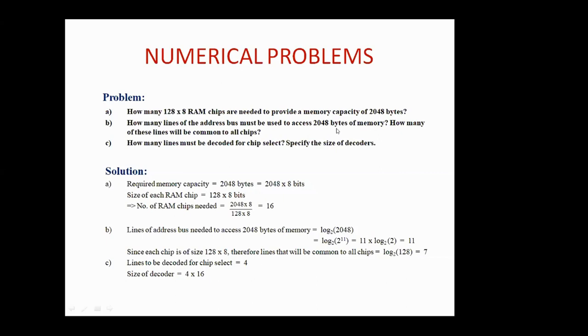In other words, we have 2048 words of memory. Each word is 1 byte. How many address lines will be needed to address 2048 things? 11 lines are required if we need to address 2048 bytes.